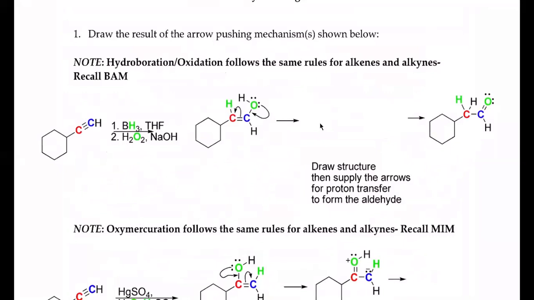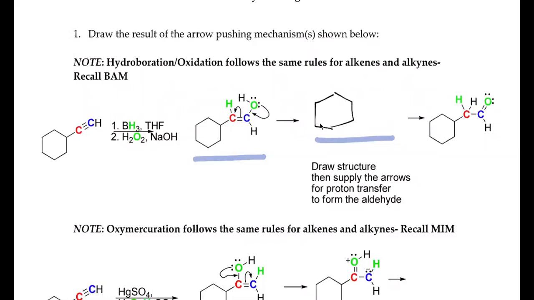Again, even if you don't know a mechanism, you should be able to follow arrows logically and give a conclusion based on what you see. So based on that middle structure right here, what should go here? And let me help you real quick with that. The ring doesn't change because the ring ain't doing nothing. It's there, but it's not reactive.